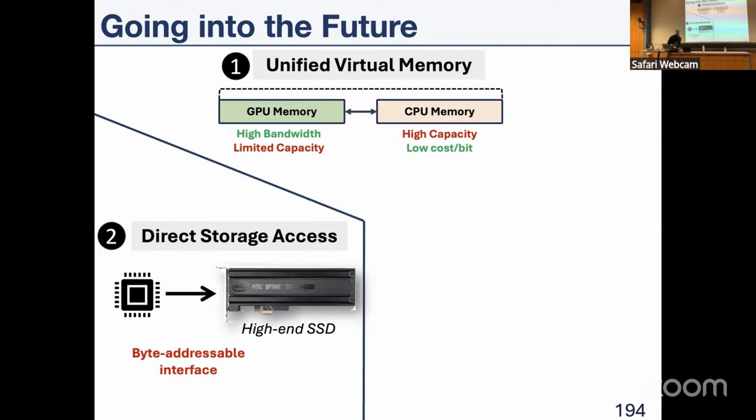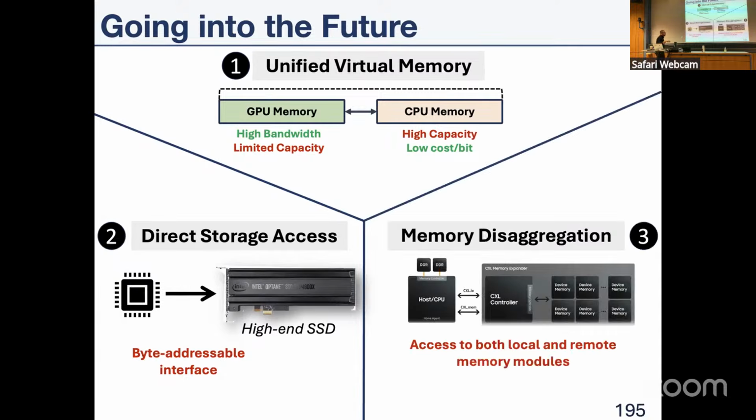We can directly access storage. From the CPU, we have a byte-addressable interface to access a high-end SSD in some cases. We also have memory disaggregation. For example, we can access both local and remote memory modules. And it's much easier right now to connect multiple memory modules to my system rather than making my TLB coverage much, much larger.